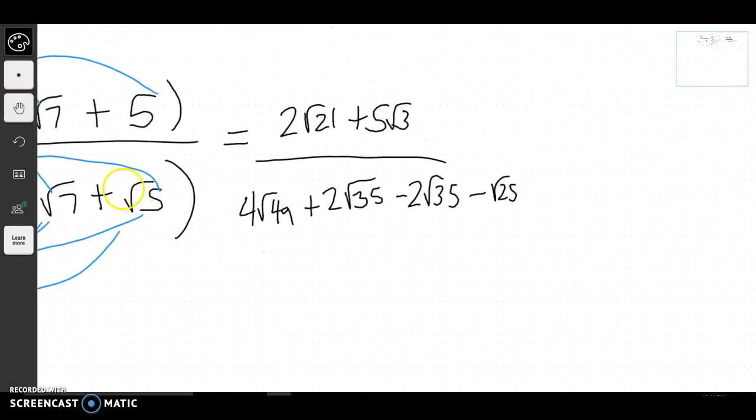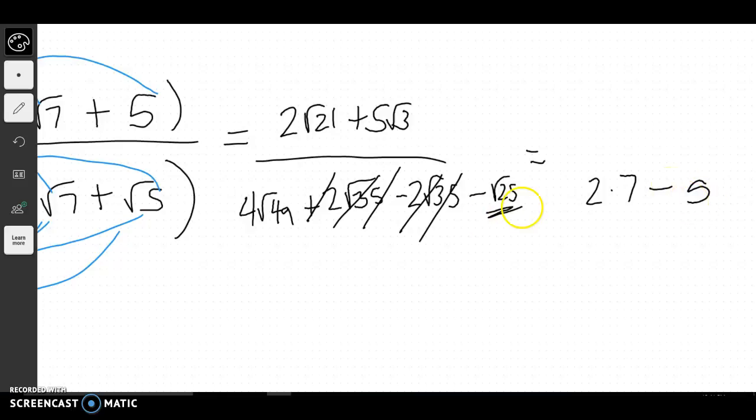So now we can try to simplify as much as we can. We know that these two middle things are going to cancel. I'll get 2 times 7 because the square root of 49 is 7, minus 5 because the square root of 25 is 5. And then we'll have 2 radical 21 plus 5 radical 3.